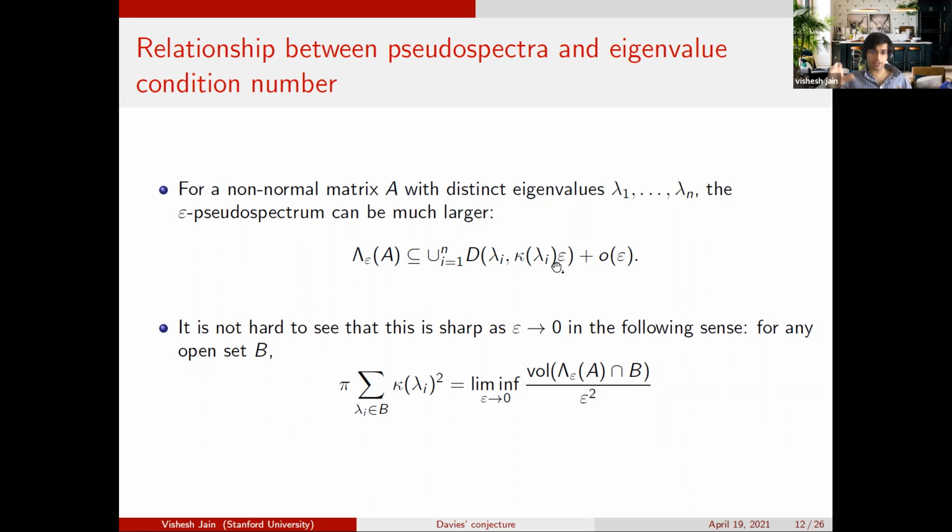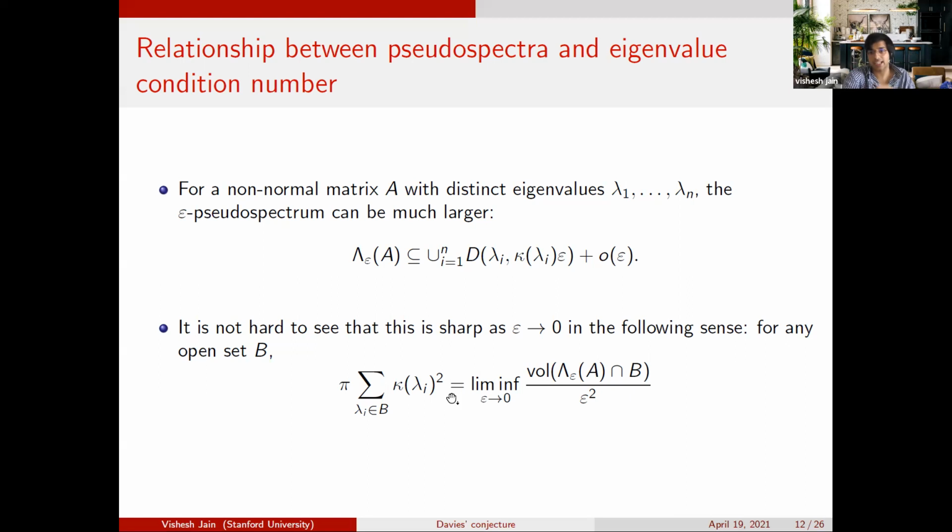Imagine that epsilon is really, really small, so small that the epsilon balls around the eigenvalues are all disjoint, right? So then what you would expect is that, to first order, the spectrum is contained in these disks of radius kappa lambda_i times epsilon. So the volume of these disks combined is just going to be pi times kappa lambda_i squared epsilon squared, right?